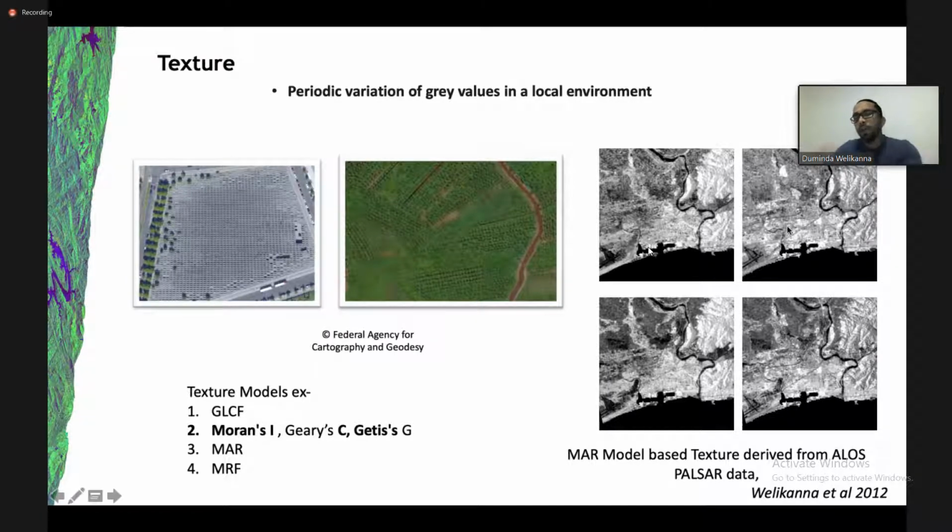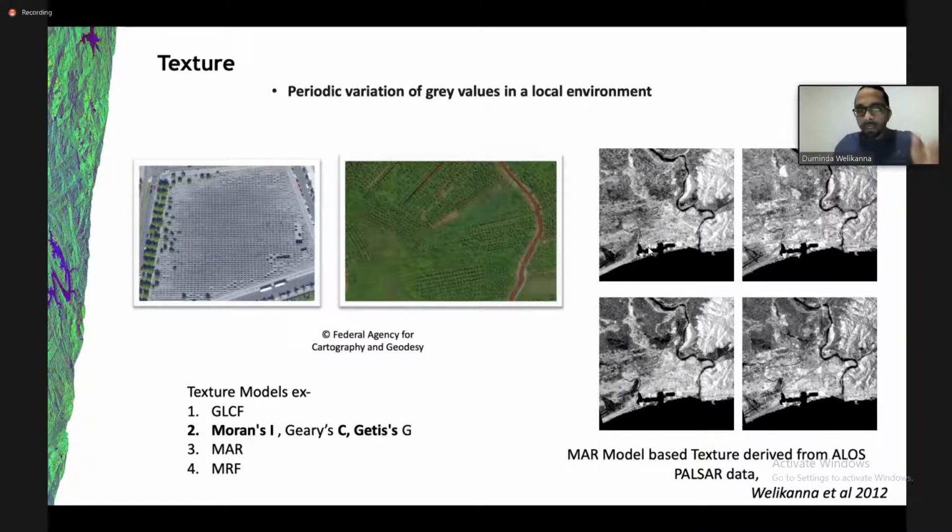But when you convert it into texture, like you see on the other side, you will see different patterns of gray levels. Remember, just to understand texture, the original image and the texture image are different.